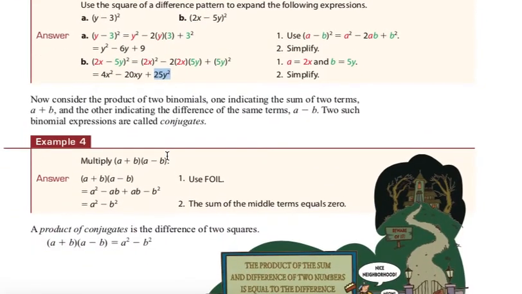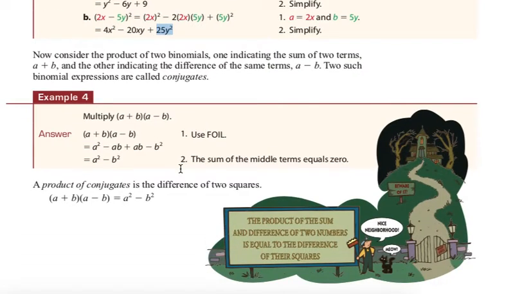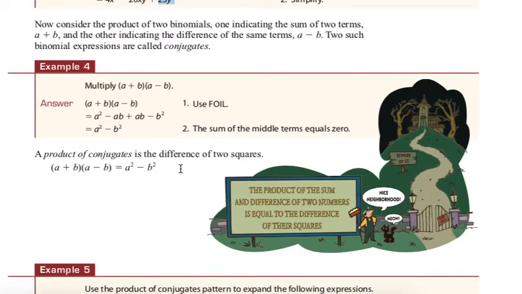Okay, example number 4, I know my numbers sometimes, is an example of multiplying conjugates. Conjugates are when you have two binomials. One is the sum and the other is the difference of the same terms. They have to be the same terms. Example number 4 is just giving you that explanation. Okay, so you have a plus b times a minus b.